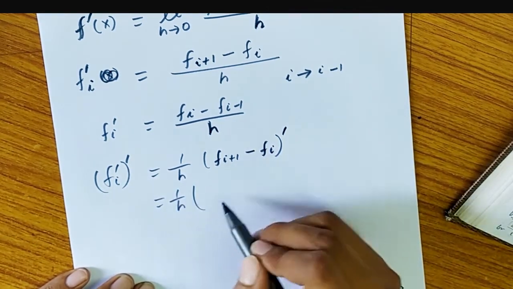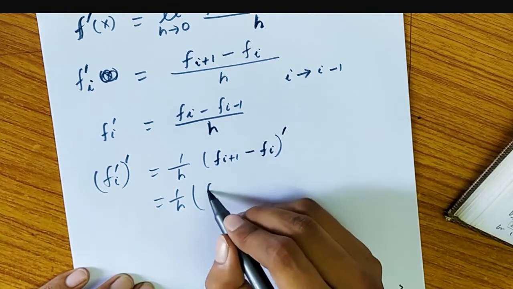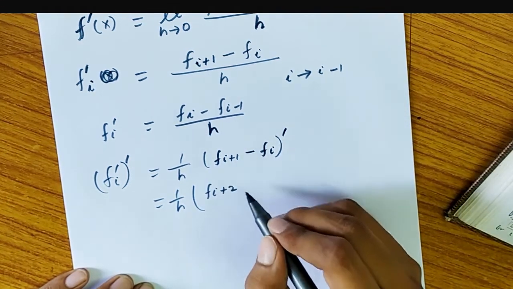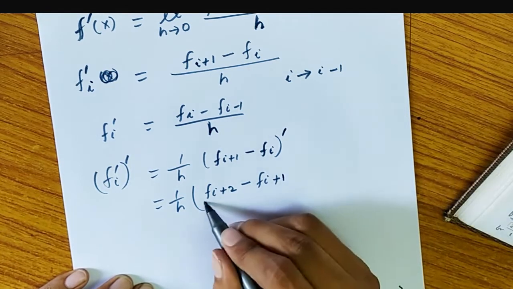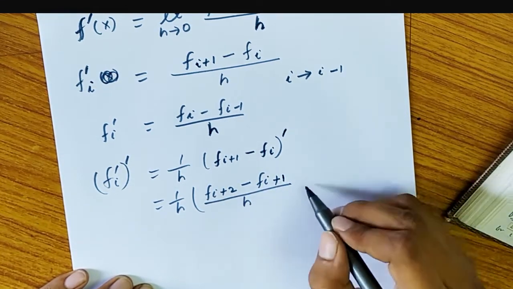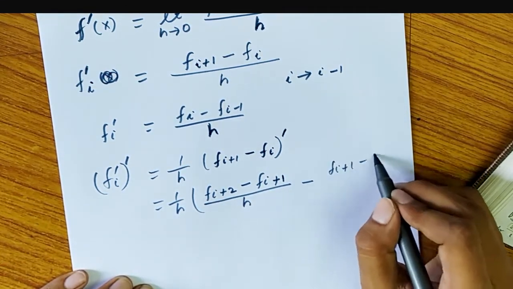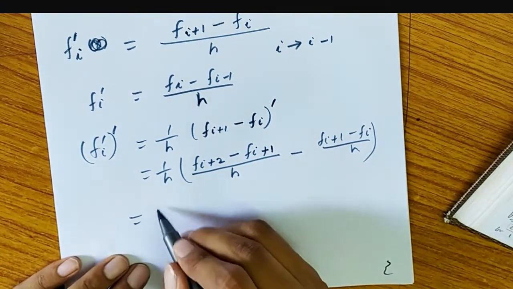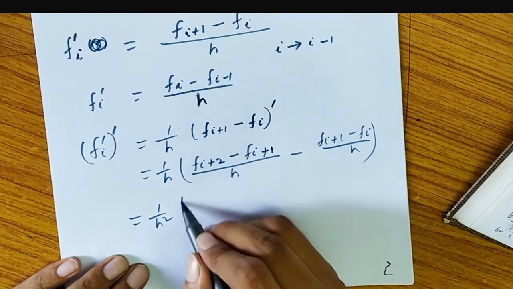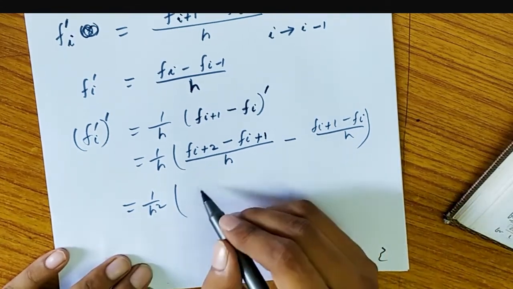See here, I'm going to do it for i+1, increment one more place to i+2, and subtract it from its original place over h. Similarly it goes from i+1 to i over h. I hope it's clear how the definition works. Take the LCM and do this.